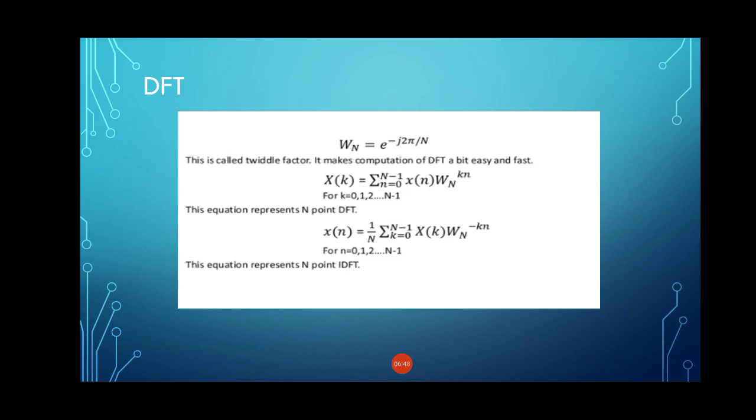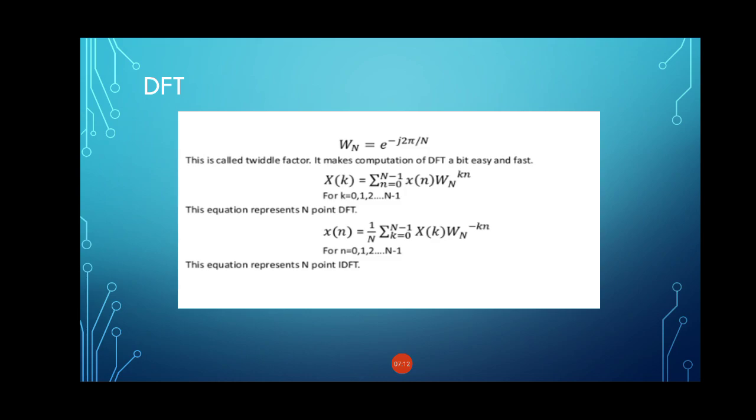W suffix N is equal to e to the power minus j twice pi by N. So in the equation of DTFT, we have replaced the limits and we have replaced omega by twice pi by N into k, and everything remains the same, and what we get is our DFT.